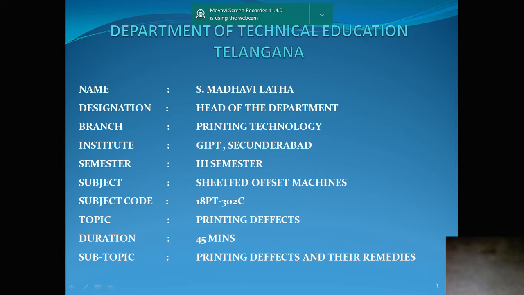Why am I saying these are related? Because those problems arise in that particular unit, due to malfunctioning of those units. Now let us see what problems we are going to discuss in this class.